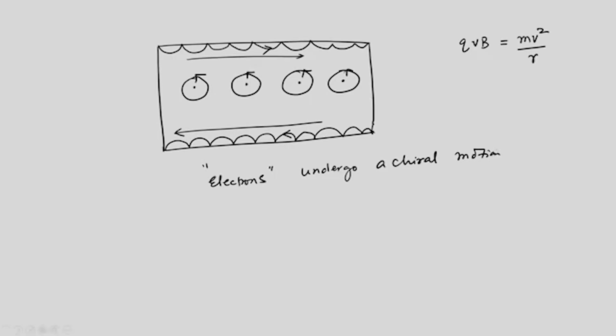Okay. And which means that they have different velocities in the different directions and so on. So, this makes the behavior of the bulk different from the edges. And that is why they have earned the name topological insulators.